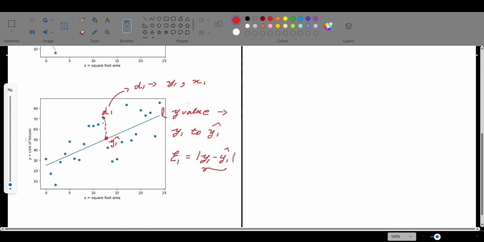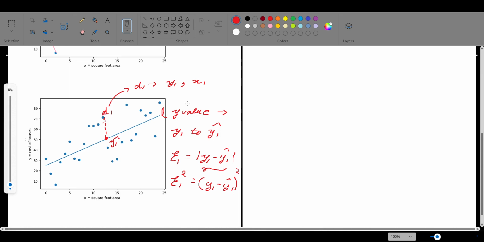I would recommend watching it anytime you want to understand why we prefer not to use the modulus function. Okay, so what do we do instead now? If we want the value to be positive, this is something we saw even earlier with variance. What we do is we just square it. So we get E1 square is equal to y1 minus y1 cap, the whole square. Right?